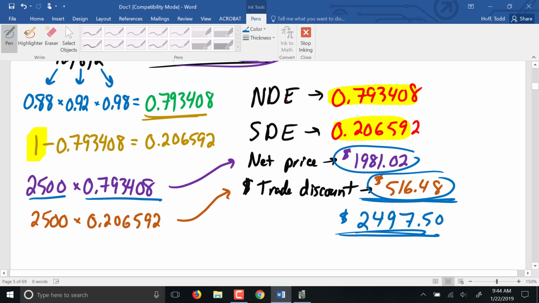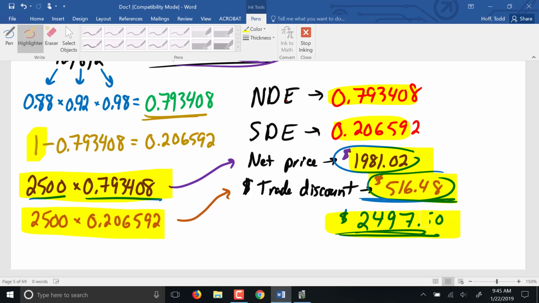That's why I did the list price times that net decimal equivalent, and then instead of just subtracting, I did the list price times the single discount equivalent. I did that so that I could add these two numbers up and double check to make sure they added to the list price. Here they didn't, so I know I need to go back and double check my calculations. There has to be a mistake somewhere. And in this case, the mistake is right here.